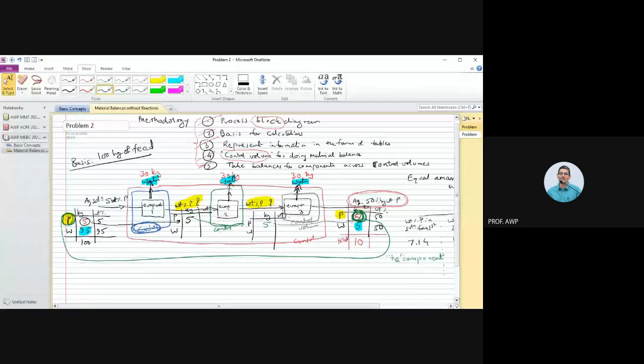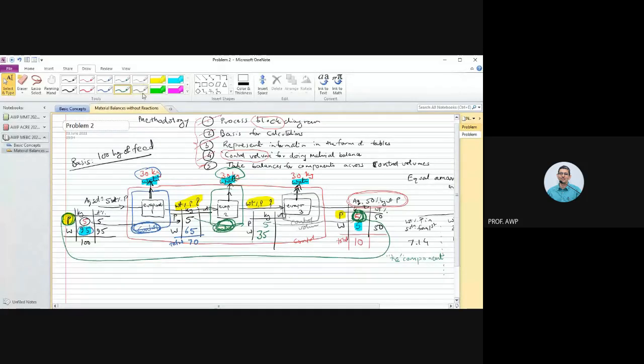Now if I take this blue control volume and do a balance of water, 95 kgs of water are coming in, 30 kgs are getting evaporated. That means 65 kgs of water must be coming out of the first evaporator, so the total must be 70 kgs. For the green control volume, 65 kgs of water are coming in, 30 kgs are getting evaporated, so 35 kgs of water must be coming out of the second evaporator.